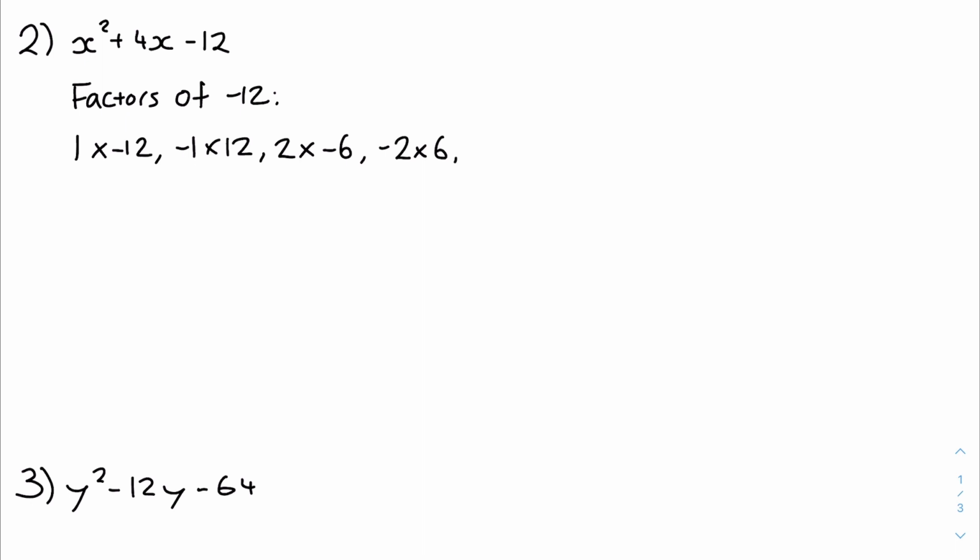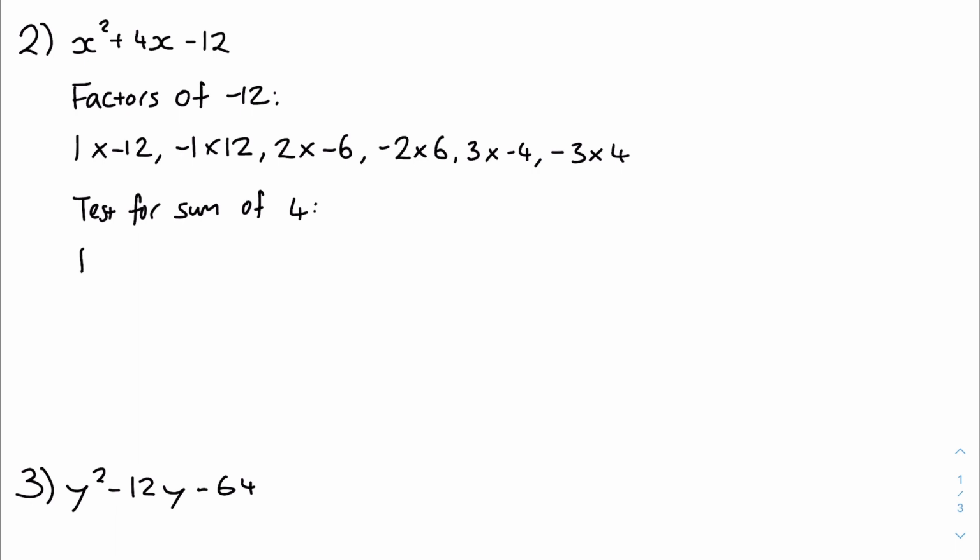We can also have 3 multiplied by negative 4, or minus 3 multiplied by 4, and then we'll stop there. Now we're looking to test for the sum of 4.